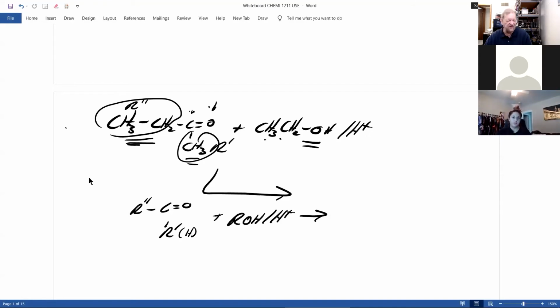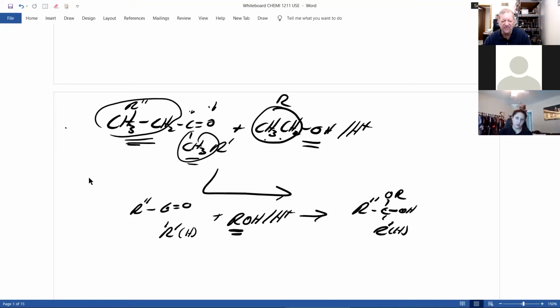And this is formation of a hemiacetal or hemiketal, which I'll never ask on a test. What's attached to the carbonyl carbon is still attached to it, R prime or H, R double prime. Then it opens up to a hydroxyl group and oxygen with the R group. The R group comes from here. What's my R? This.